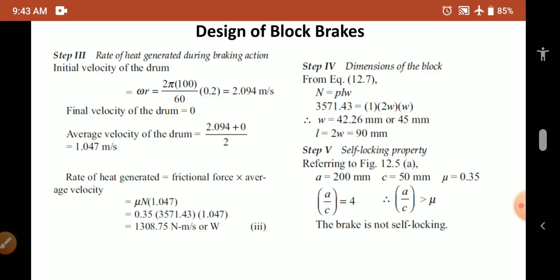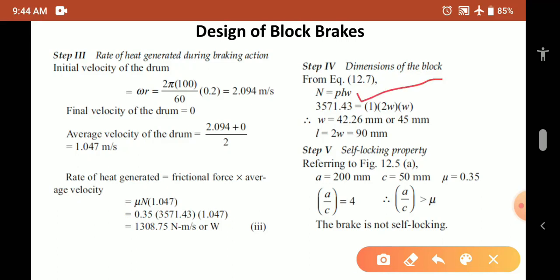As we know, the equation of the normal reactive force N is equal to P into L into W. The normal reactive force is known, 3571.43, which is equal to P, the intensity of the pressure, given as 1, into the length of the shoe, which is twice the width, therefore 2W, into W. From this equation we get the value of W is equal to 42.26 mm, or we can assume it is 45 mm.